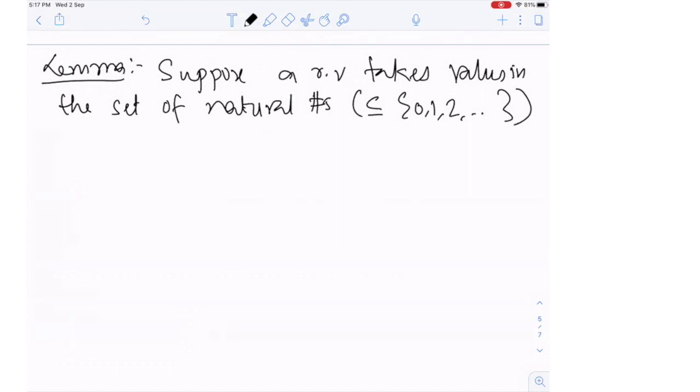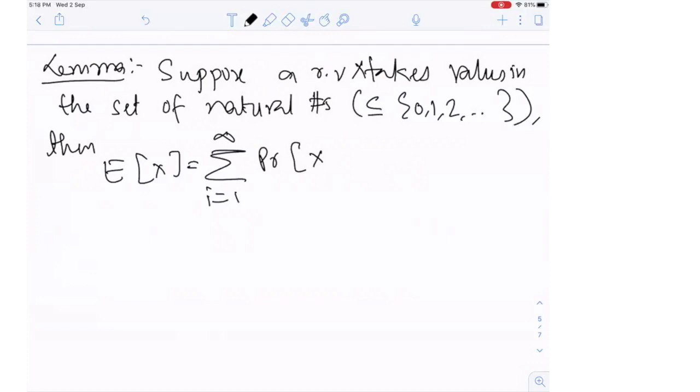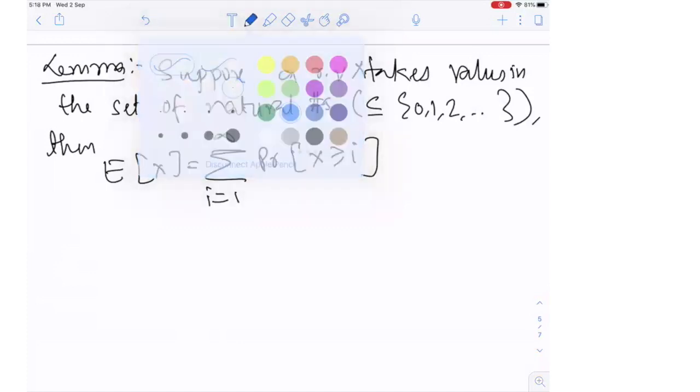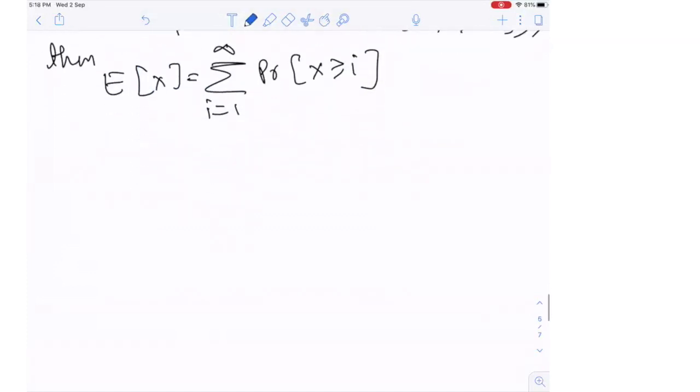Then there is an alternate way to compute the expectation. Suppose a random variable x takes values in the natural numbers, then the expectation of x is the summation i equal to 1 to infinity of the probability that x is greater than or equal to i. If we can prove this, then we can apply it to geometric random variables, because they take natural number values anyway.